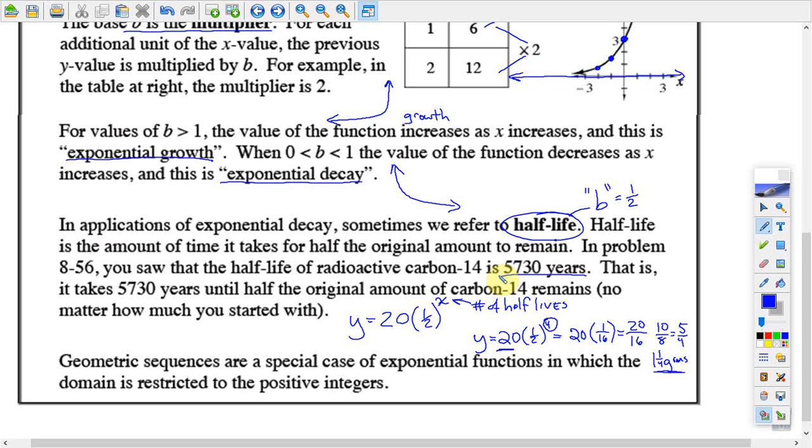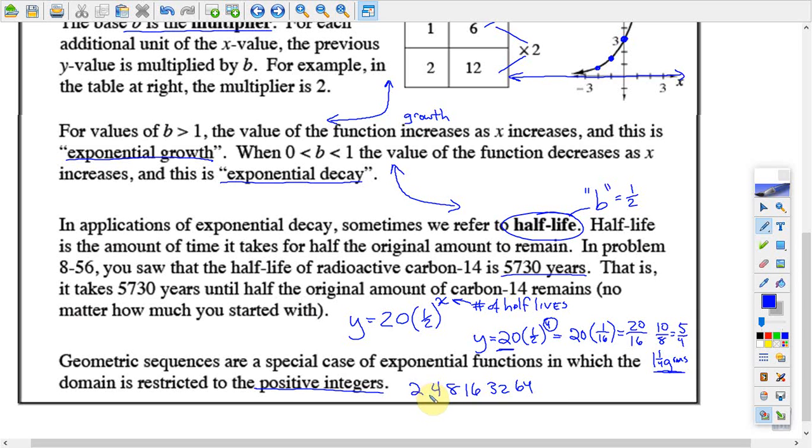Okay. Finally, there's a little line down here at the bottom that says geometric sequences are special cases of exponential functions in which the domain is restricted to positive integers. So if we had our series, something like 2, 4, 8, 16, 32, 64, this is a geometric sequence.